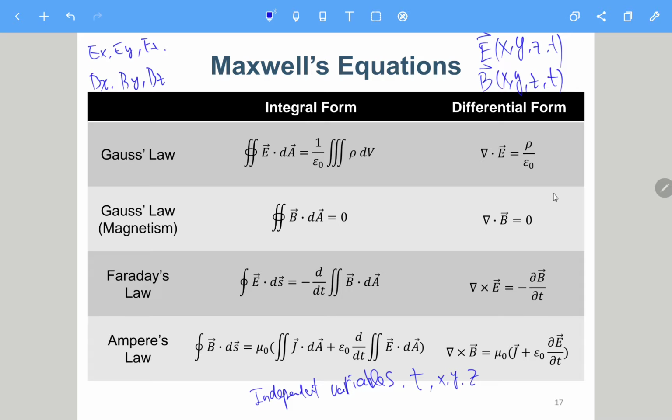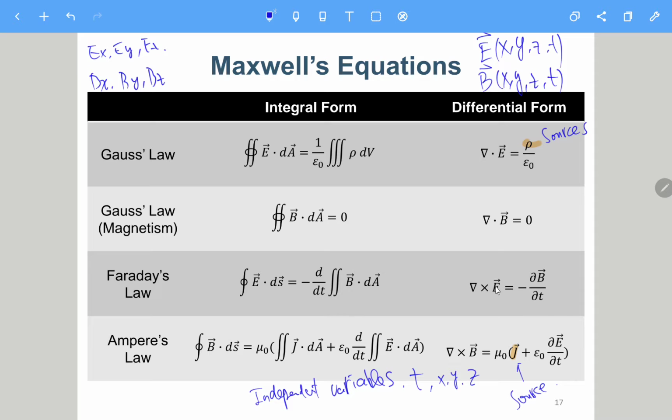And then rho and J are the so-called two sources. Which means that in space, if we put some charge or some current there, it can generate the E field and B field.